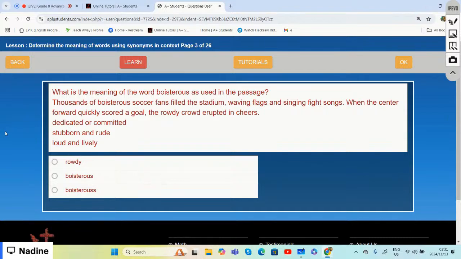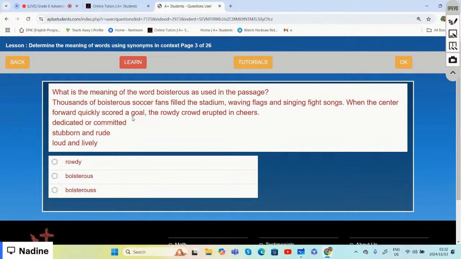What is the meaning of the word boisterous as used in the passage? So now I want to know the meaning of the word. It says thousands of boisterous fans filled the stadium waving flags and singing fight songs. When the center forward quickly scored a goal, the rowdy crowd erupted in cheers.